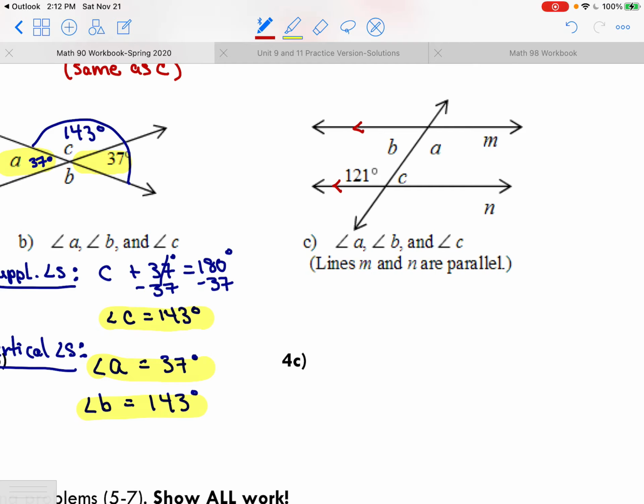Of course, they give us this 121 degrees down here, which is really helpful because we could start out here with this idea of supplementary angles, right? Let's just start here. We know that because of supplementary angles, C plus 121 degrees has to equal 180 degrees.